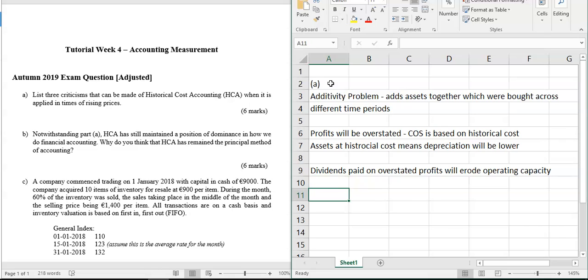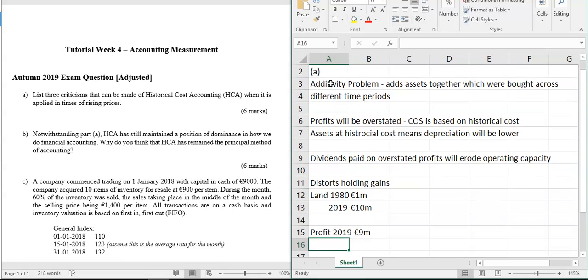And one other limitation or criticism of historical cost accounting is it distorts holding gains. So for example, if you bought land in 1980 and it cost you 1 million, and then you sold it in the year 2019 for 10 million, well, if that was held at historical cost, you'd have a profit in 2019 of 9 million.